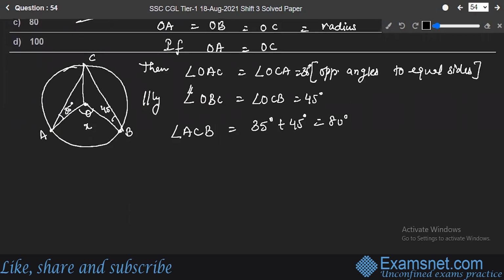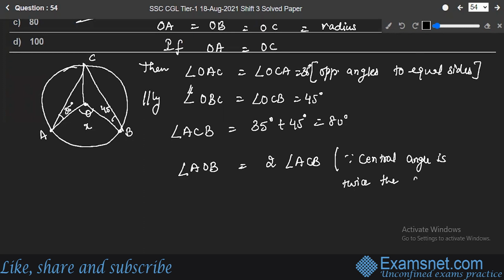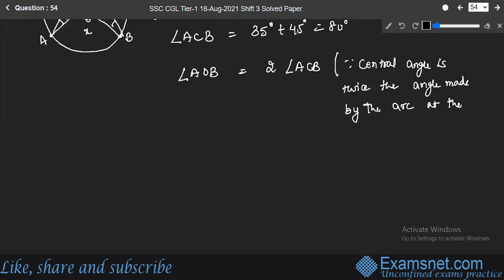Also, one thing more, that angle AOB is equal to twice angle ACB. Reason? Because the central angle is twice the angle made by the arc at the circumference.